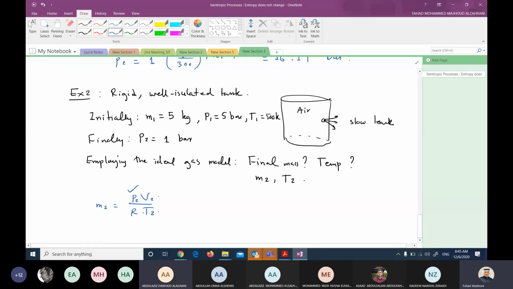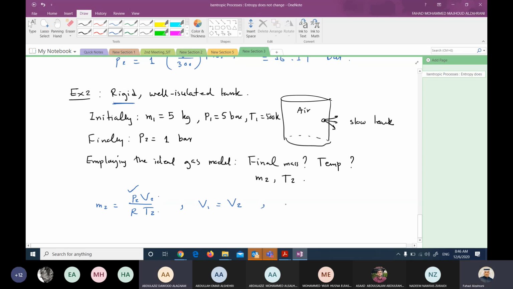I think by the equation V2 equals V1, but with N. No, quite simply, what is V2? V2 is the same as V1, right? This is the rigid tank. Yes. Don't complicate the problem. So we have the same volume: V1 equals V2. Then how can I find V1?